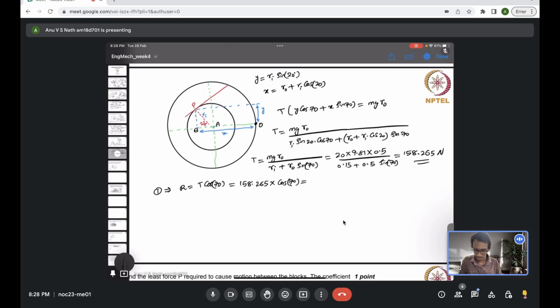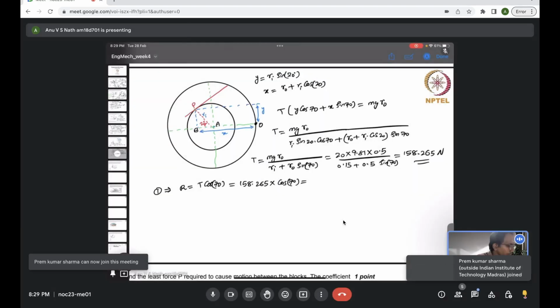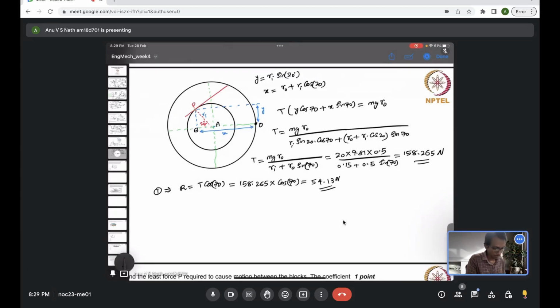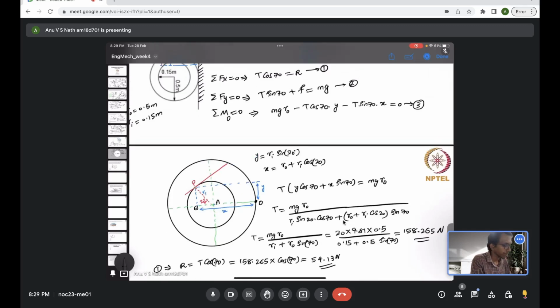Let me evaluate that. Which is 54.13 Newton. So that also we have evaluated.